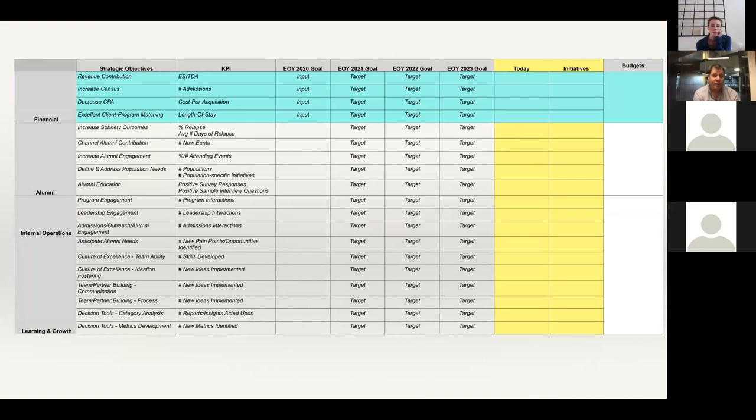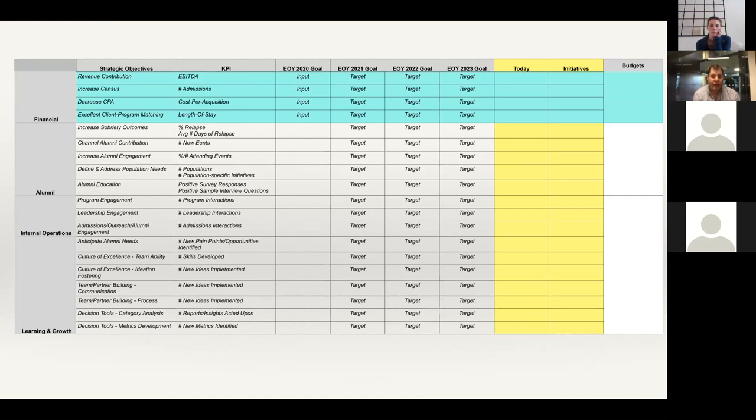For sobriety outcomes, it might not just be percent relapse, but the average number of days before that situation might happen. Again, these are all going to be unique to you and your program, but I'm just trying to put a handful of ways to take a balanced scorecard or a strategy map and apply it.